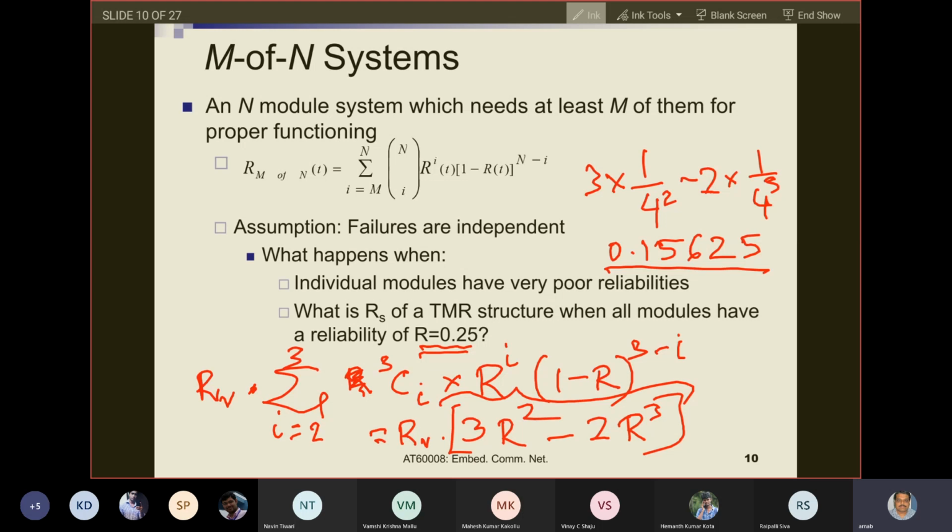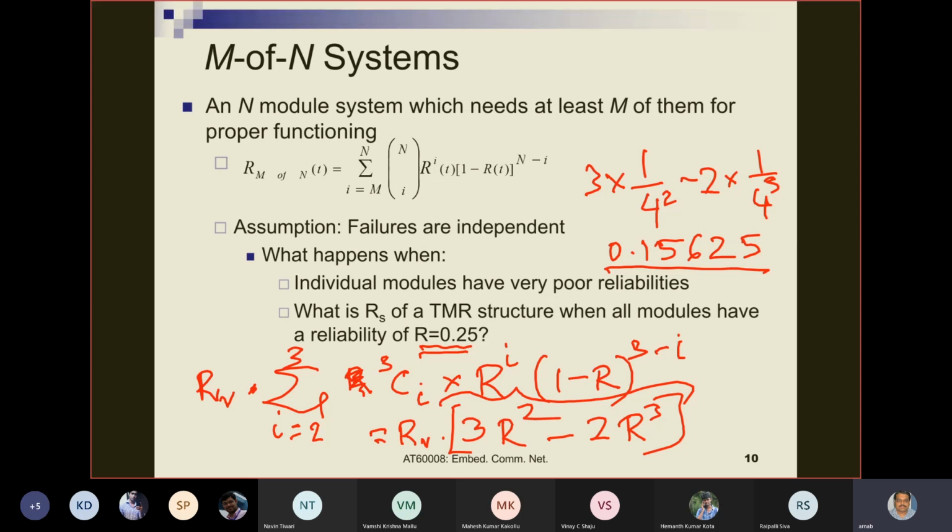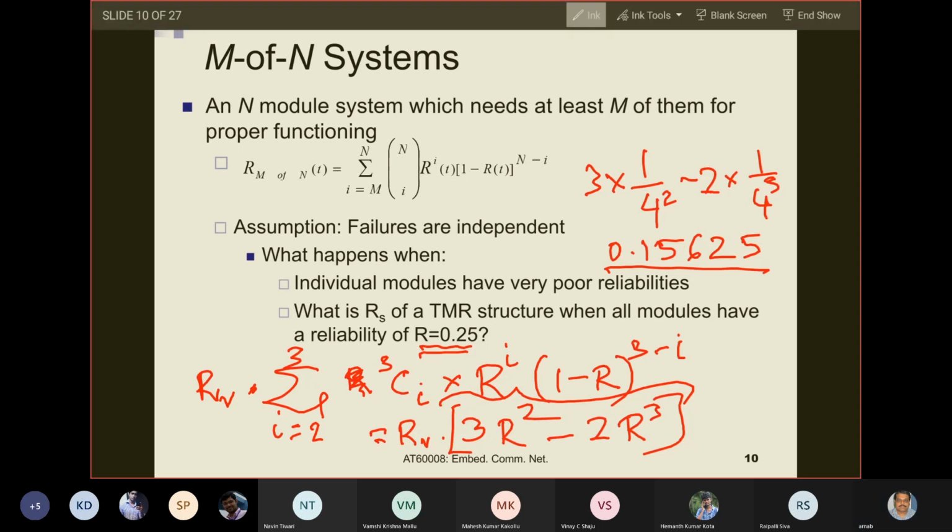For the other case, let us say your reliability is 0.75. Can you quickly tell me a similar calculation and the effective reliability if R equals 0.75? 0.84375. So it is very beneficial.